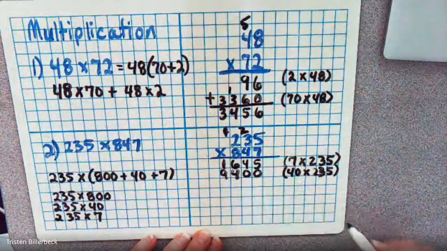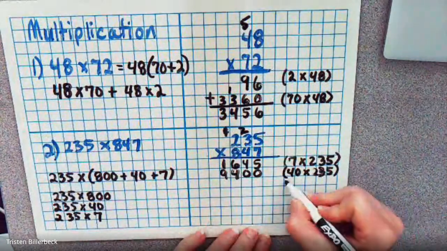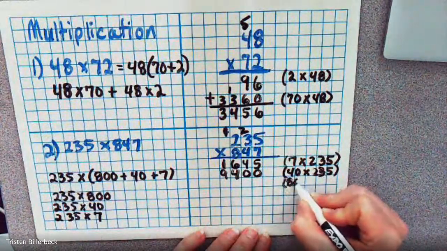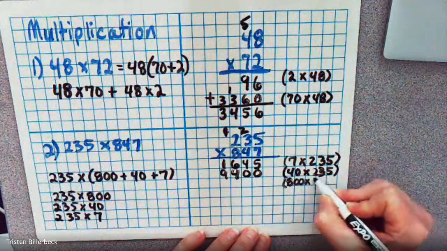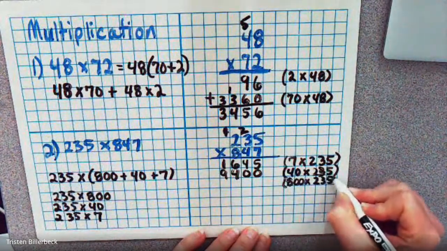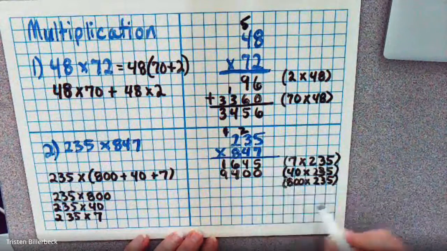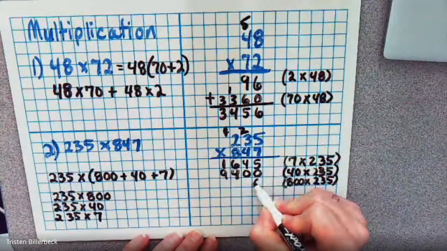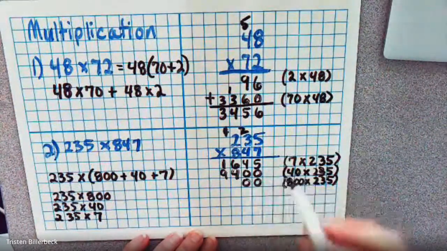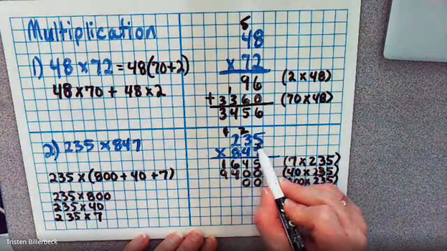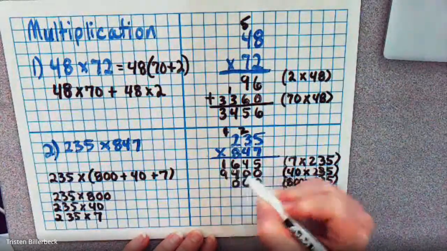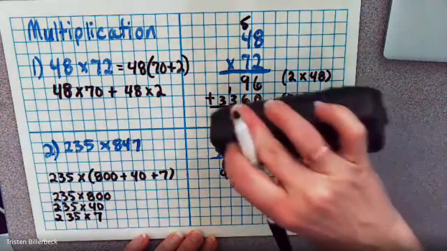Okay, so the next line here, we're going to do 800 times 235. Okay, so 800 has 2 zeros in it, so let's do 0, 0, and now 8 times 5 is 40. So we're going to carry a 4.